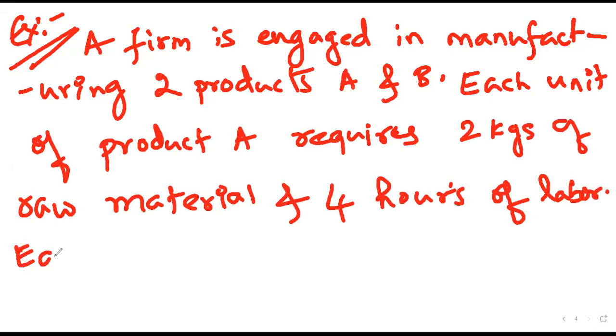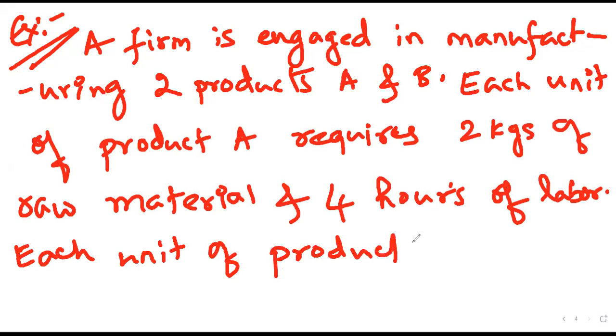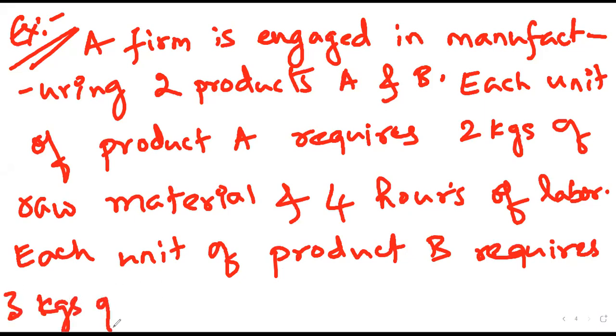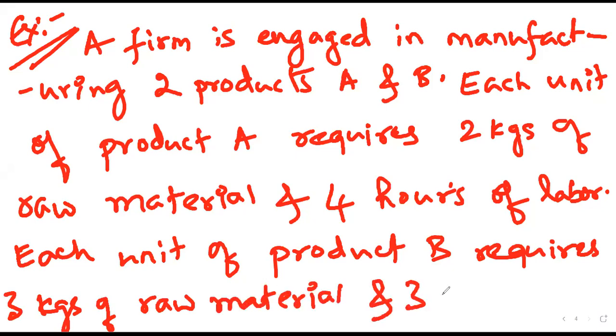Similarly, each unit of product B requires 3 kgs of raw material and 3 hours of labor.